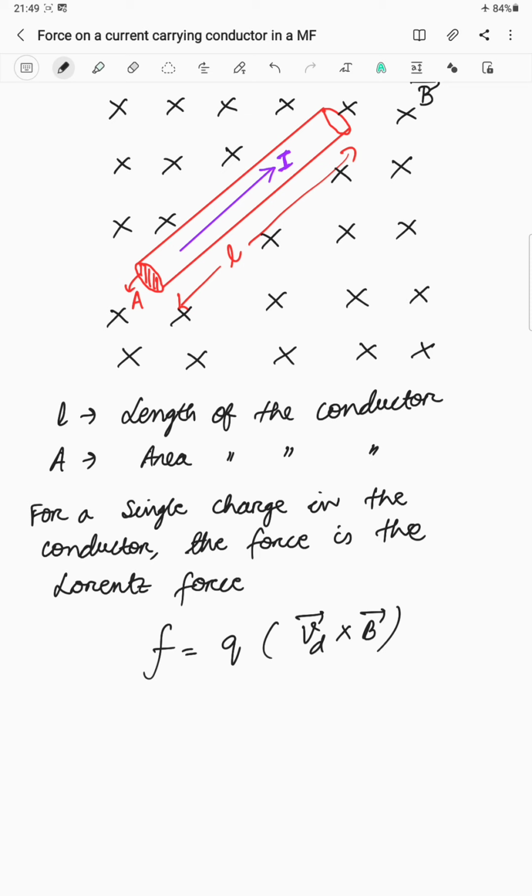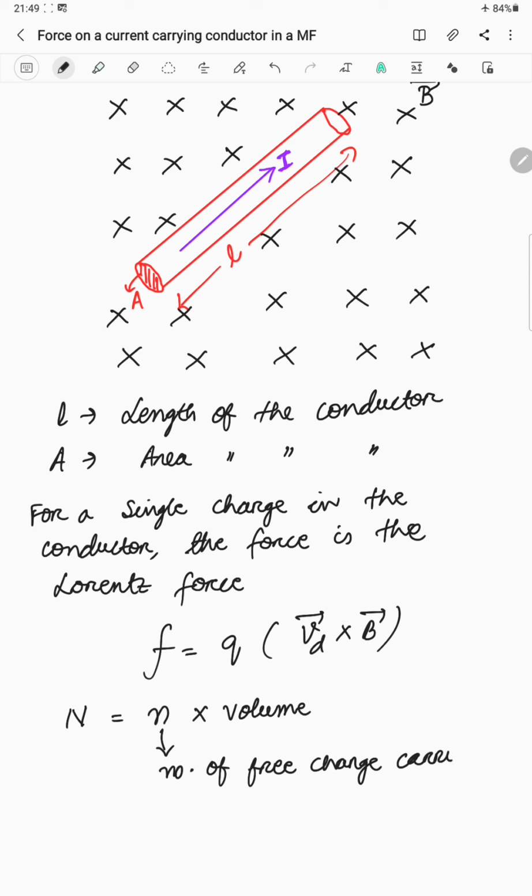Now I would like to introduce two terms. One is capital N, and this capital N is nothing but small n into volume. Now what is this small n? This small n is the number of free charge carriers per unit volume.